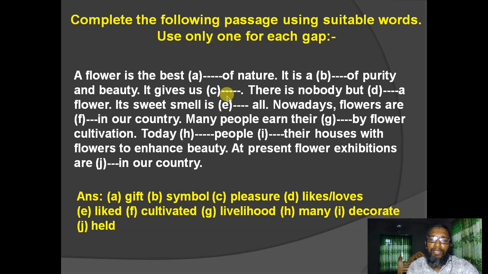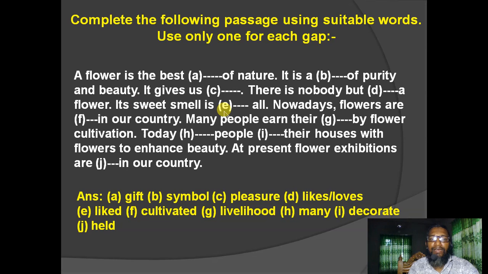Here pleasure is the appropriate word, and there is nobody but loves or likes a flower. Here is a verb, likes or loves. Its sweet smell will dash all. It is liked by all.